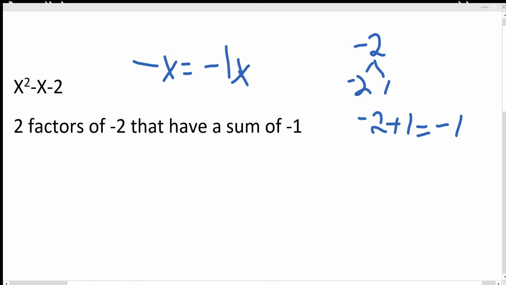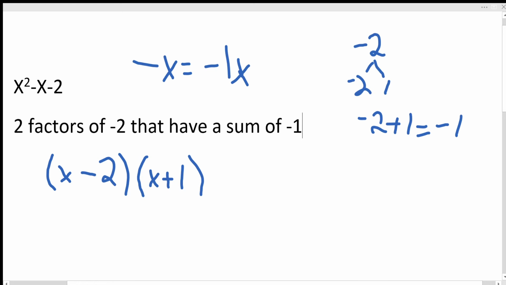So now let's look at how we need to write our answer. We need to write it as two factored binomials. So what this will look like is we'll have an x minus 2, because negative 2 is one of our factors. And then for our other binomial, we'll have x plus 1.